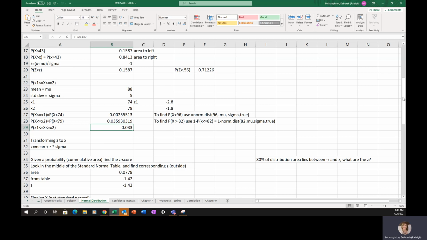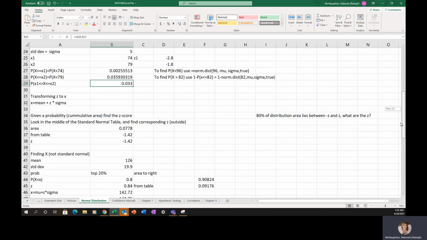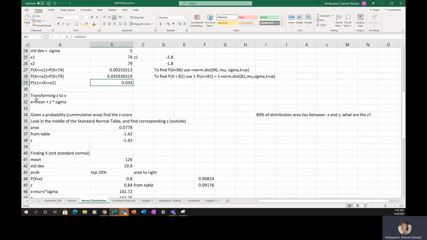Okay, and then the next section, so that's how we find probabilities, probabilities are based on the area under the curve. All right, and then if we need to transform, so if they give us a probability and ask us to find either a z value or an x value, then we're going to use norm.inv.